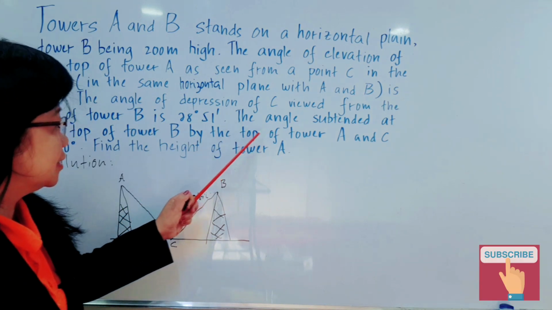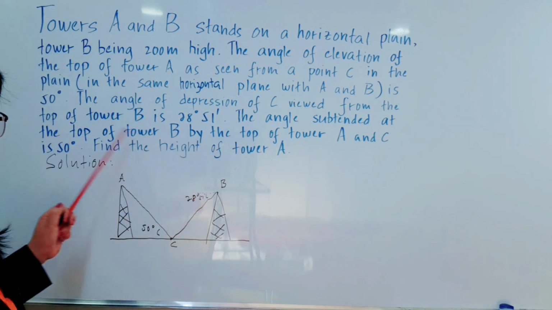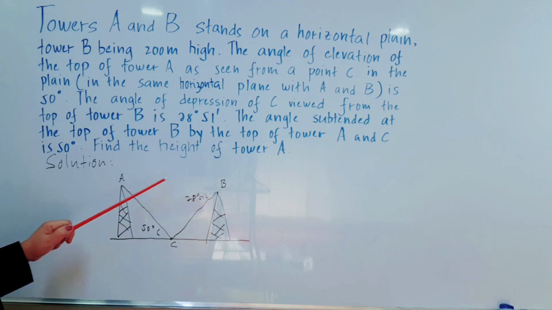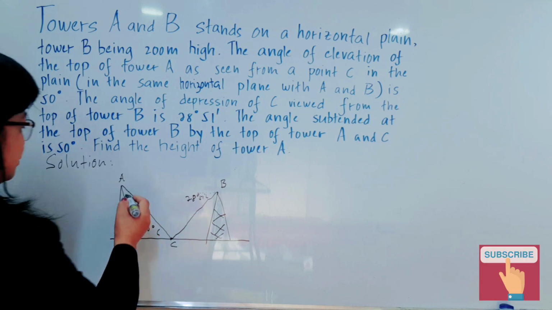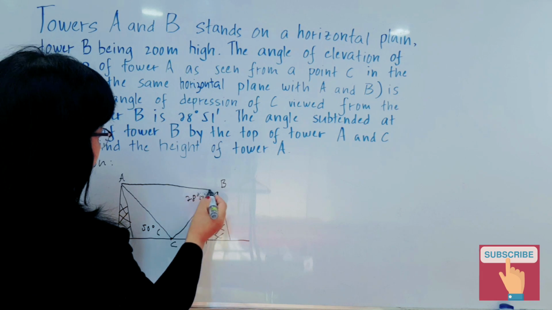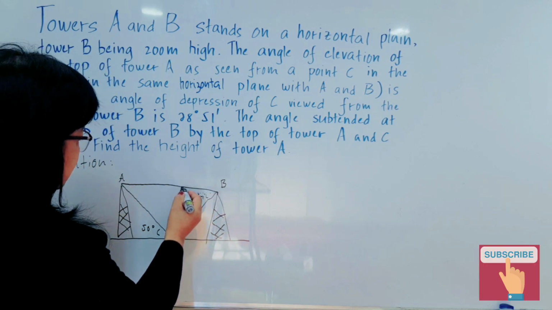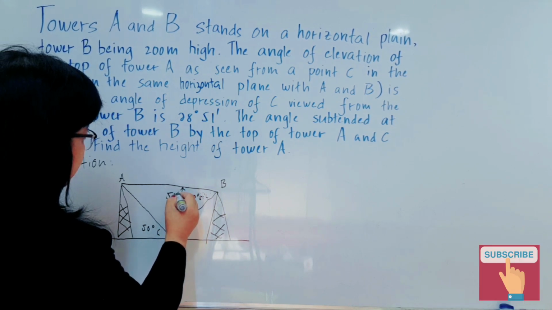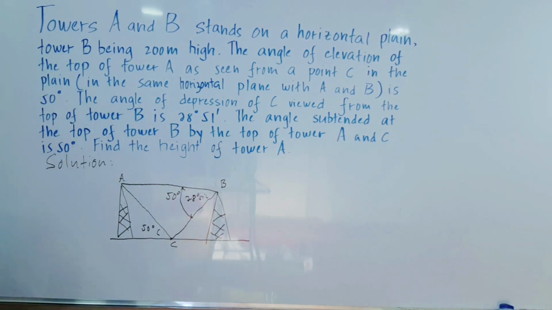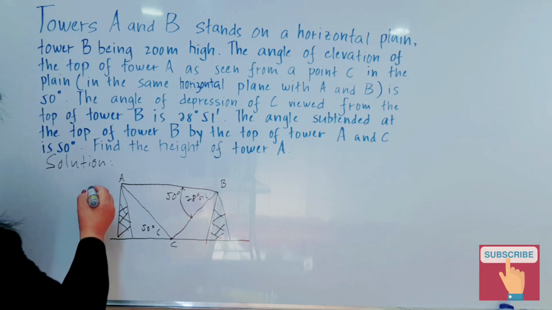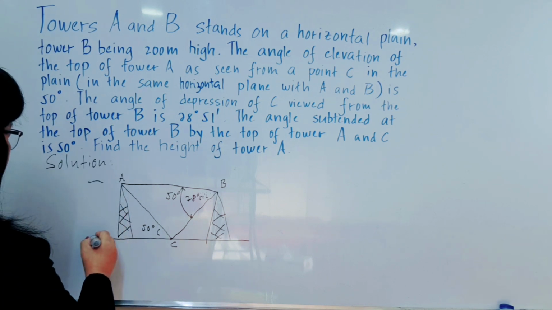Another sentence says the angle subtended at the top of Tower B by the top of Tower A and C, so that means the angle formed from this to here is equal to 50 degrees. What is required here is the height of the tower, that means the height of Tower A.